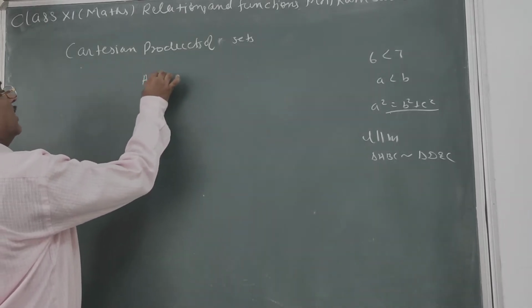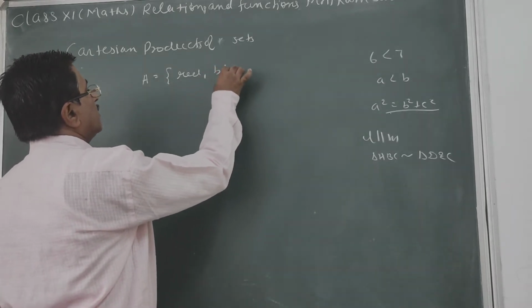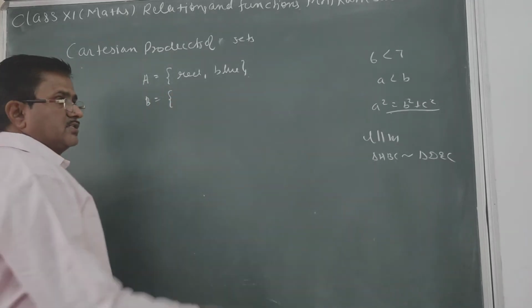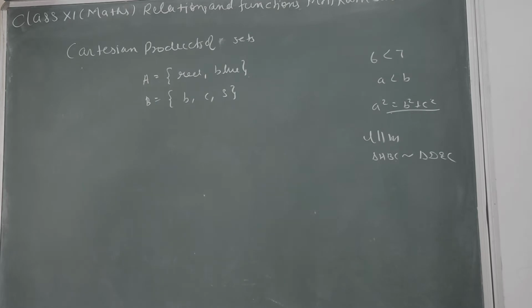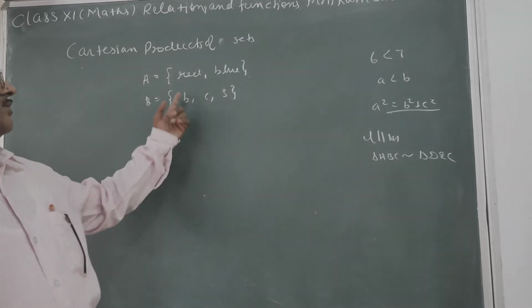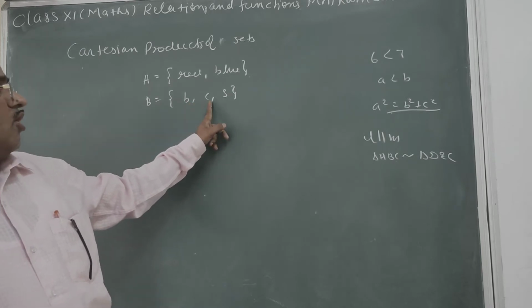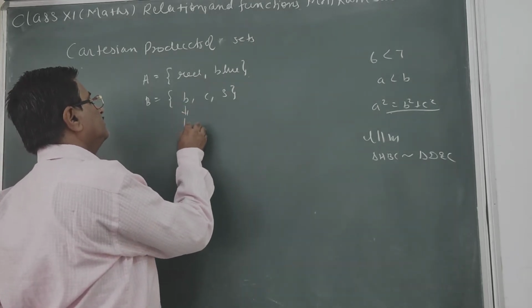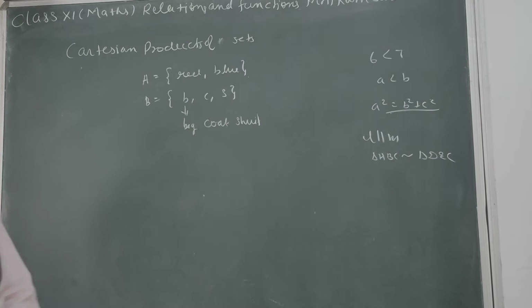Suppose we are given set A containing two colors, red and blue, and set B containing three elements, that is bag, cord or shoe. ठीक है? तो ये अलग अलग आपको दे रखा है, इसको हमने नाम दे दिया है, ये बैग है, ये cord और ये shoe, right? So different names are given: bag, cord and shoe.